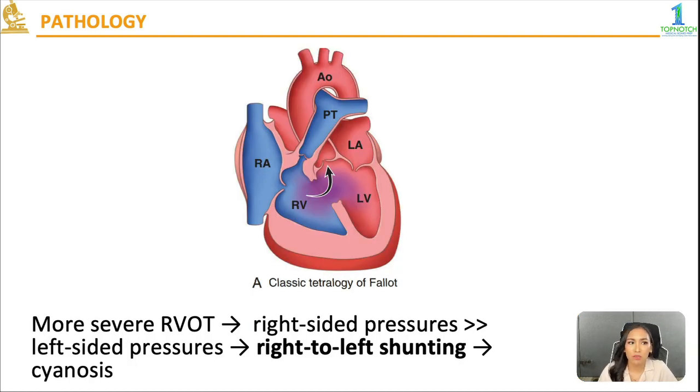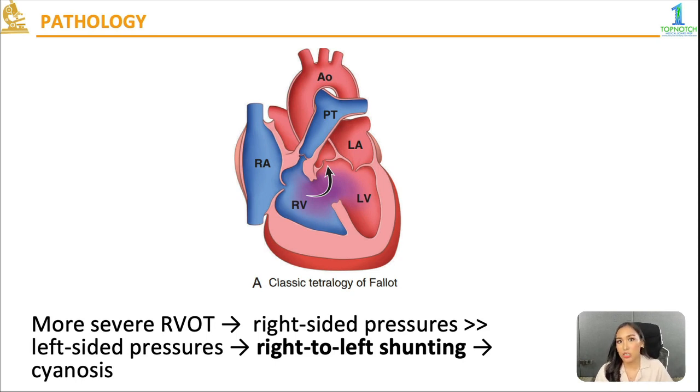Let's discuss the pathophysiology of TOF, no? So, if there is severe right ventricular outflow tract obstruction, tumataas yung pressure sa right side ng heart kumpara sa left side ng heart. And remember, blood flows from high pressure to low pressure. So, kung mataas ang pressure sa right side ng heart, magkakaroon ng right to left shunting. But remember also, ano ba yung nasa right side ng heart? Oxygenated or deoxygenated blood?